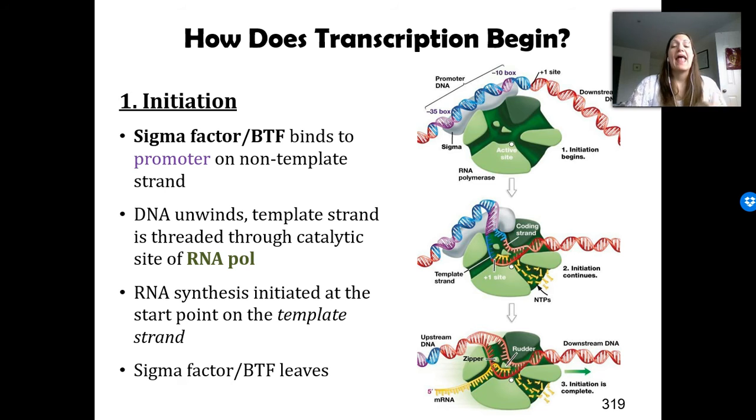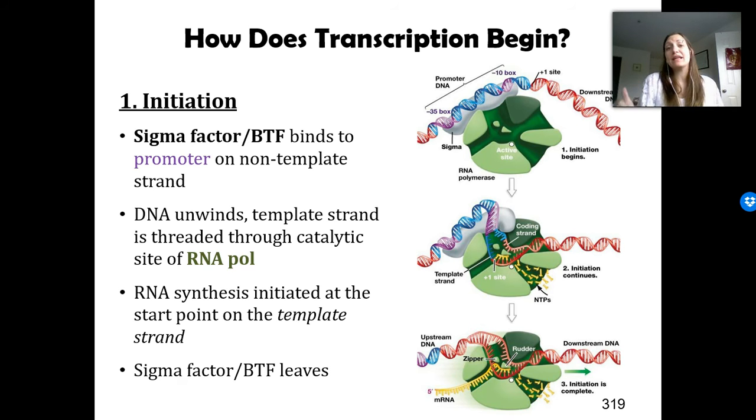Now finally, at the end of initiation, the whole point of the sigma factor and BTF was just to get it started, to say, hey, here's where you're supposed to start, and that's it. Well, RNA polymerase has already started. So you no longer need that sigma factor or those basal transcription factors to hang around.